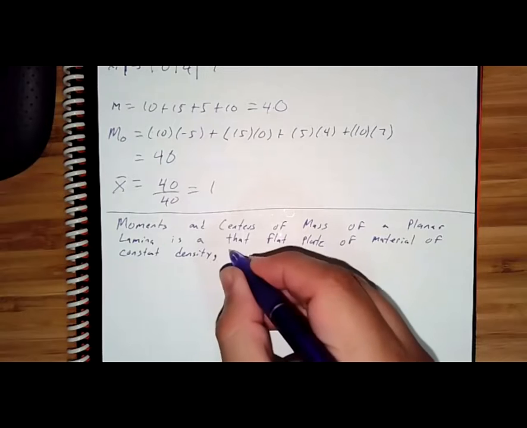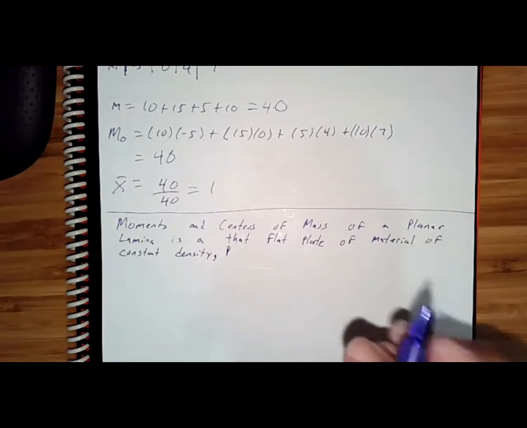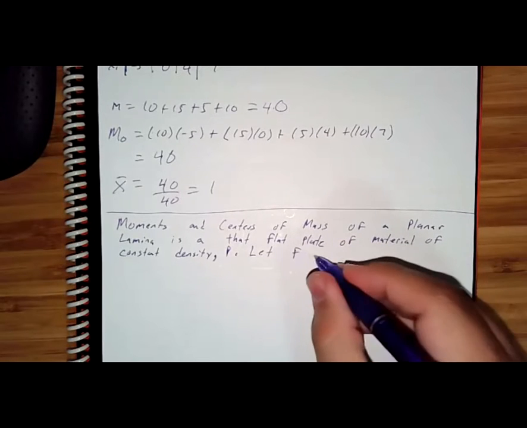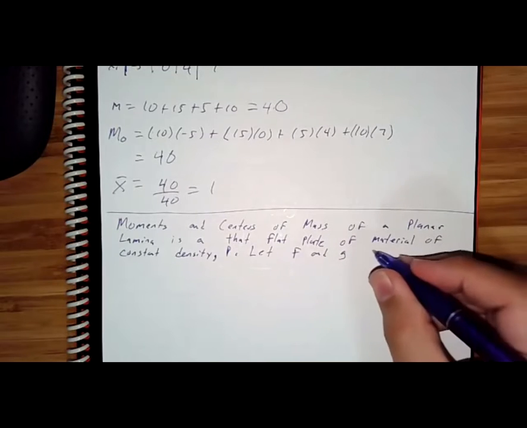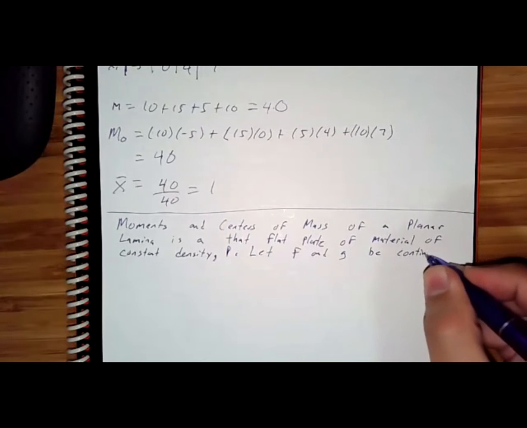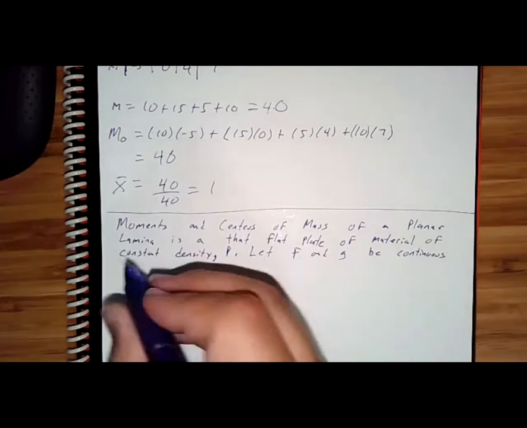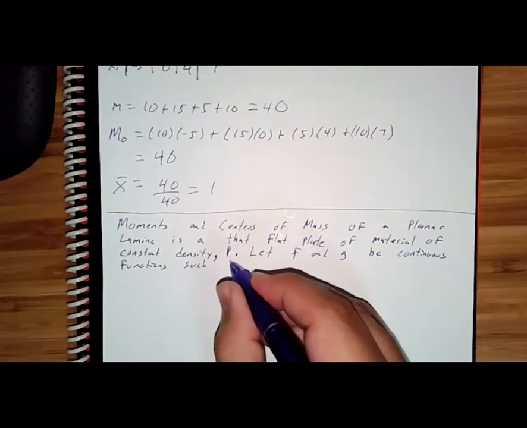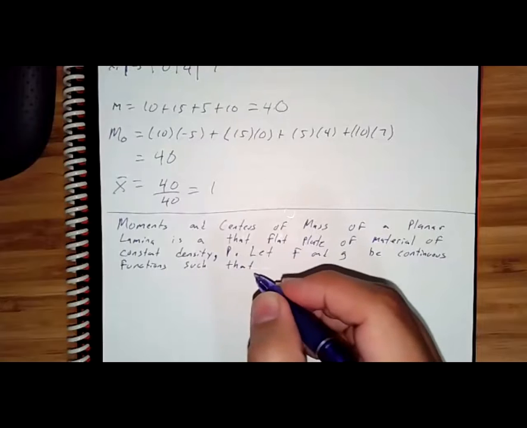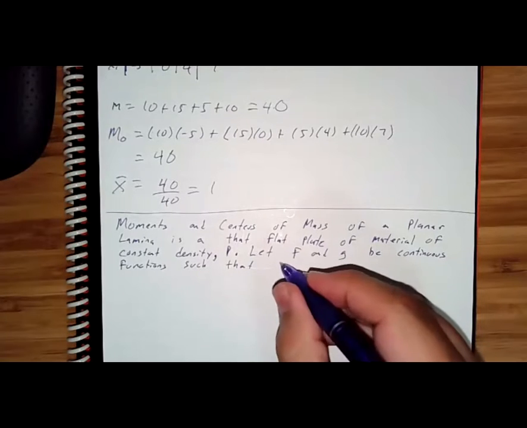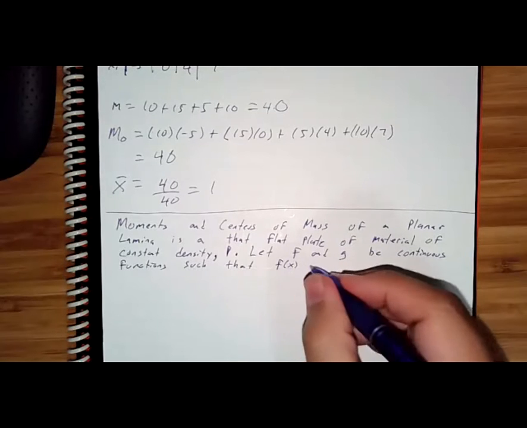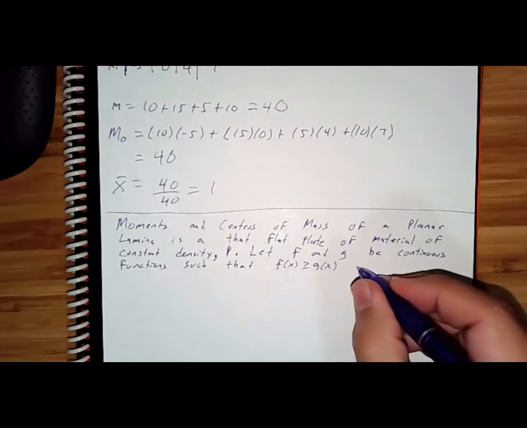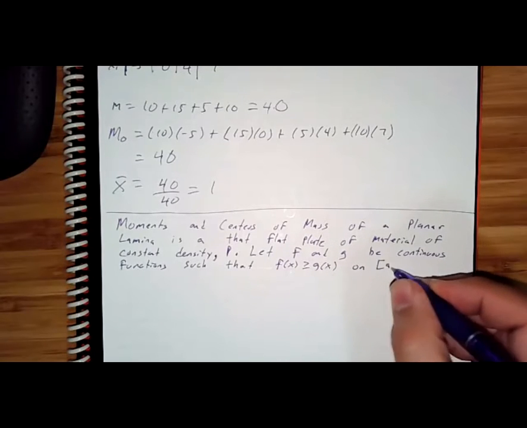Since we'll call it density rho. Let f and g be continuous functions such that f of x is greater than or equal to g of x on an interval [a, b].